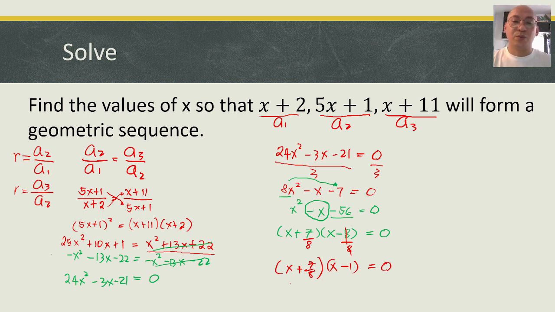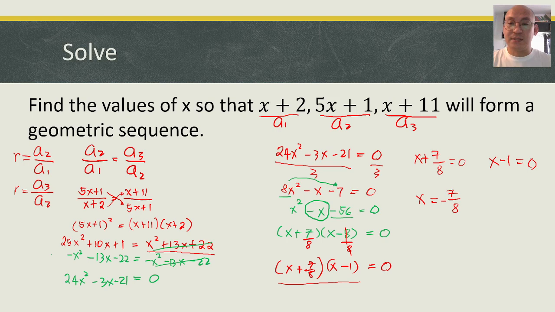We will now use these factors to find the values of x. So equate both to 0. x plus 7 over 8 is equal to 0 and x minus 1 is equal to 0. So we have x is equal to negative 7 over 8, if we use the addition and subtraction property of equality by subtracting 7/8 from both sides.